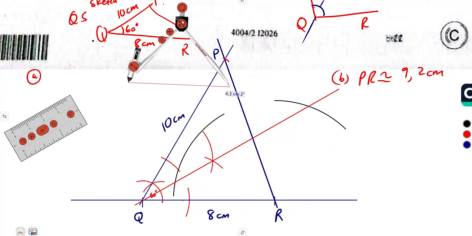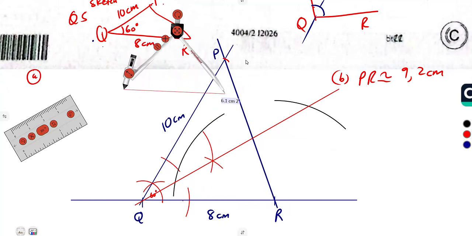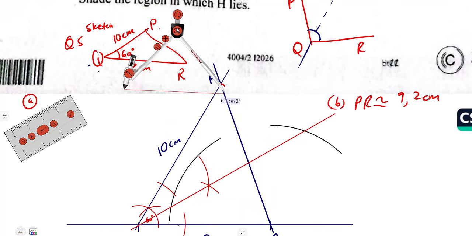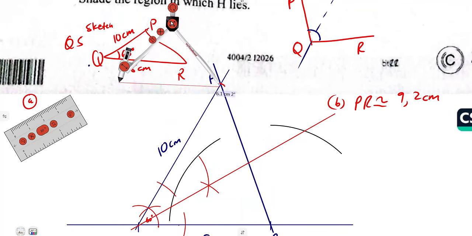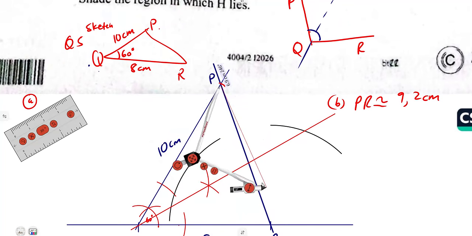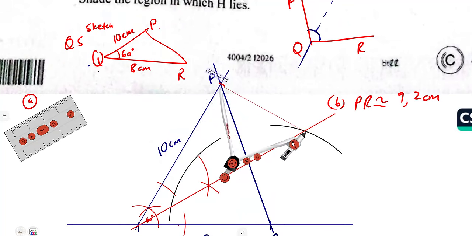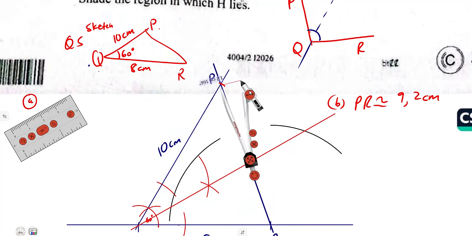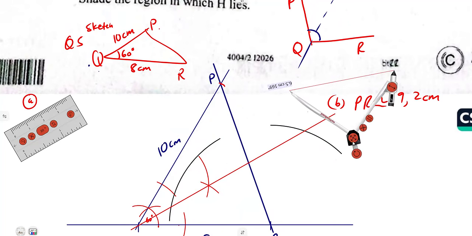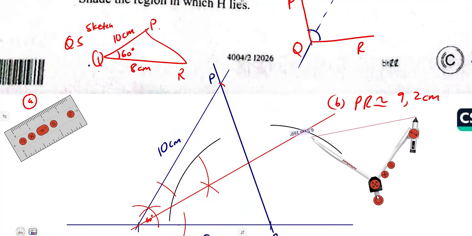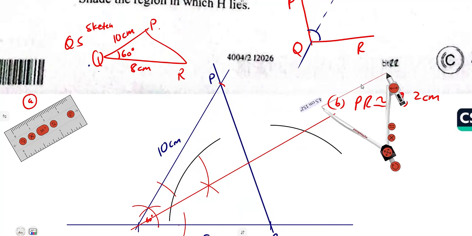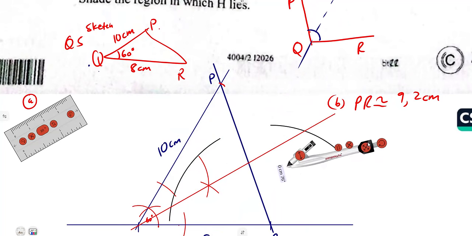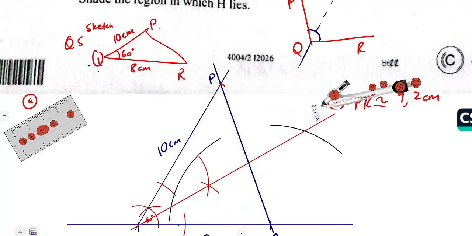Let's do the same thing from the point P. Okay, here I did change this one, guys. I'm not supposed to change. Let's go back to that distance. Sorry for that.